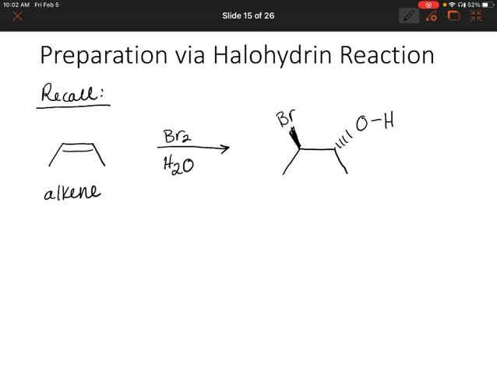And eventually you'll deprotonate the water group and end up with an alcohol. And then you'll also form the enantiomer of this as well.